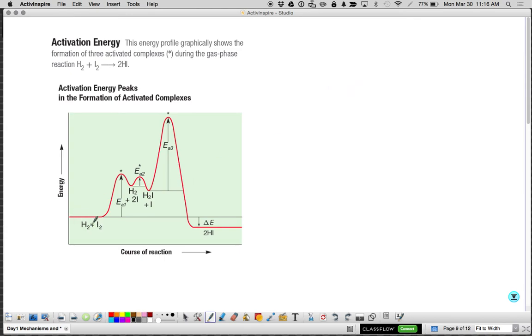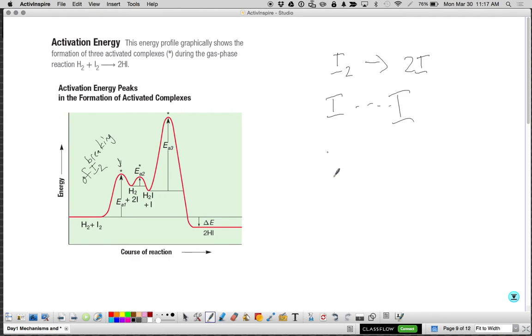If I were to write out the mechanism that this indicates, I would say I2 yields 2 I's, because this first valley here is H2 plus 2I, which means that this activated complex is going to be for the breaking of I2. So it might look something like this.